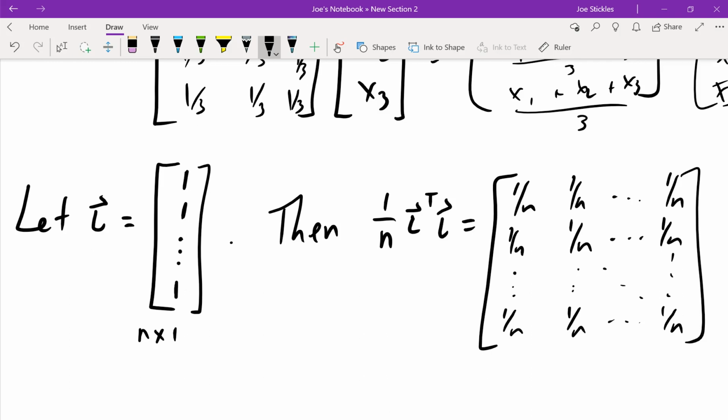Did I just do that backwards? I need the transpose on the other side. Sorry, I need the transpose here. Doesn't really matter. I'm just doing a way to get the matrix to be formed. I need the transpose on the other one. Because I'm thinking n by 1 times a 1 by n gives me an n by n. So the way the matrices work for multiplication, right? And all we're doing is just entry times entry all the way across.